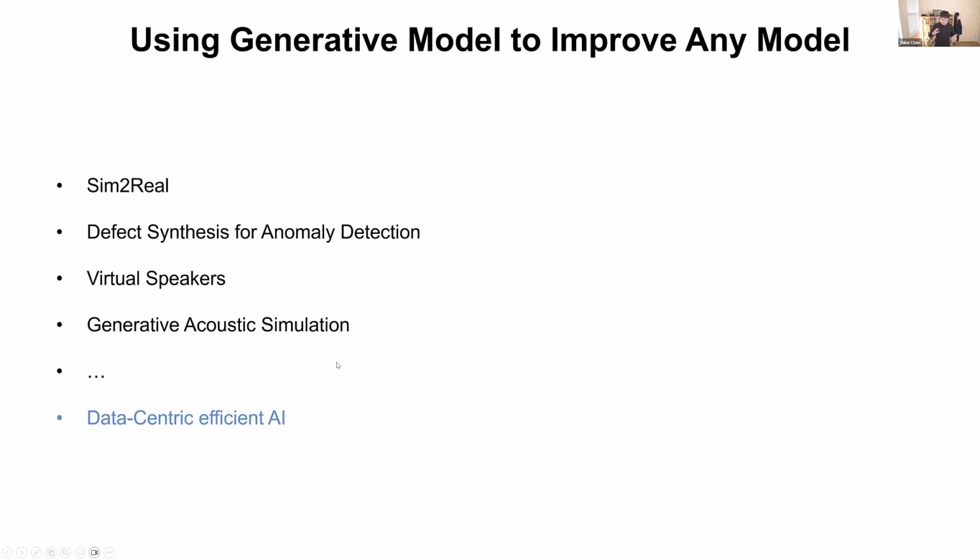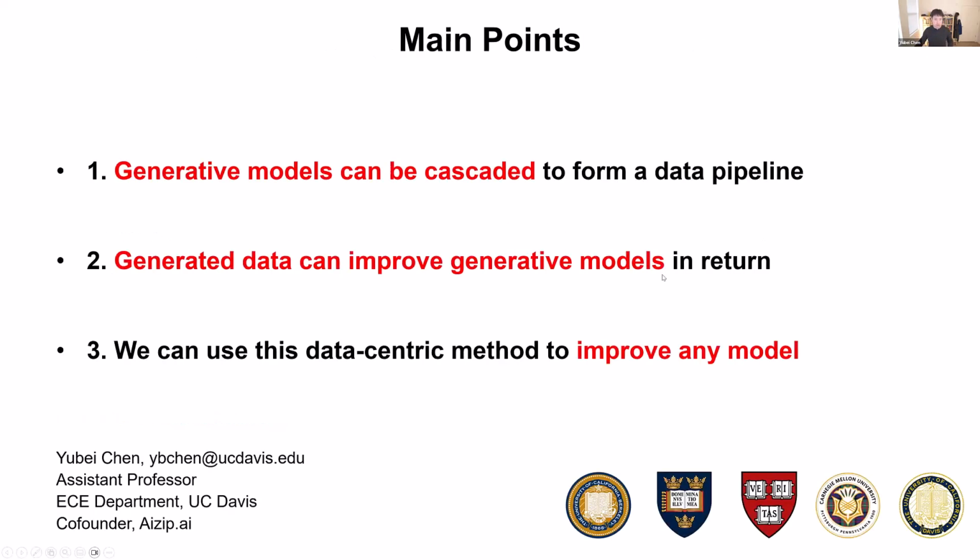By using a collection of these generative model tools, this is almost pointing towards the future of data-centric AI, where we start to focus on the data rather than only on the model or the system. Just to summarize the key points of this talk: first, we can use generative models in a cascade, rather than having one all-encompassing or omniscient generative model.